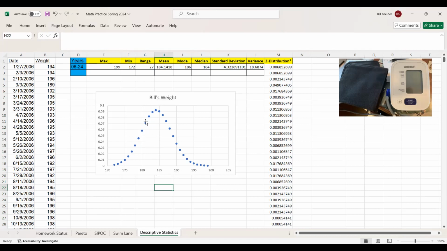So it's a pretty nice bell-shaped curve. And a bell-shaped curve is significant because, again, if I did have a Z distribution, then I can call this mean line, the peak, the tallest part of the bell, 0. And then I have 1, 2, 3, 4 standard deviations to the right and left, which would be 4 pounds in 4-pound increments, but it'd be 1, 2, 3, 4.